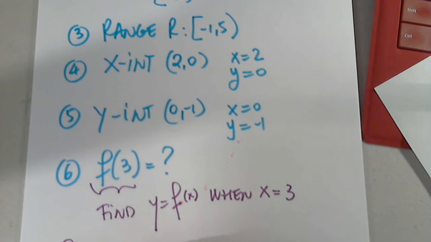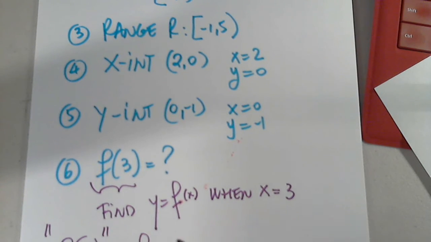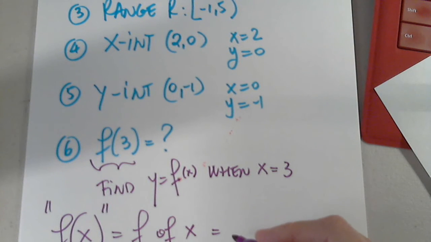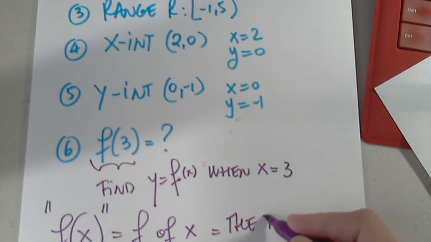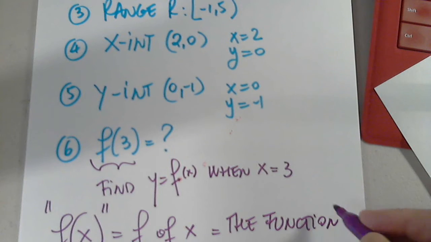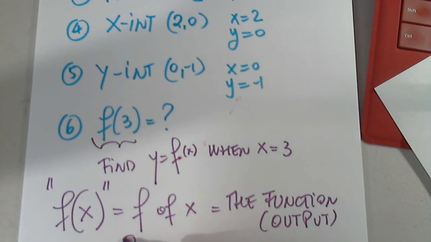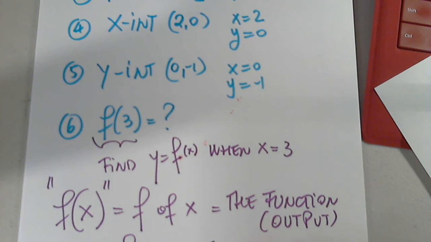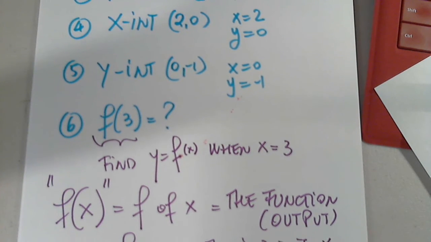So when we write f of x, this is not f times parentheses x. This is a notation. It's f of x, meaning the function or output is f of x. That's the notation, and the input is x.